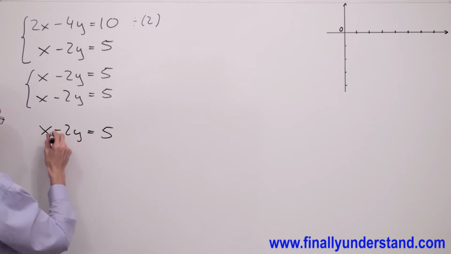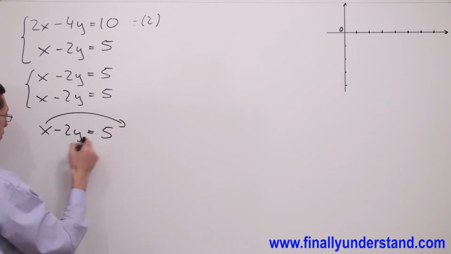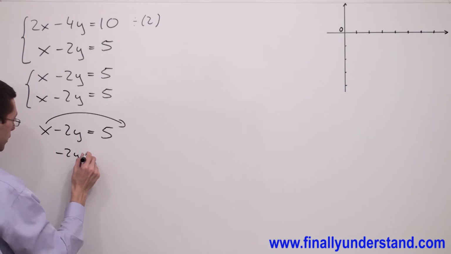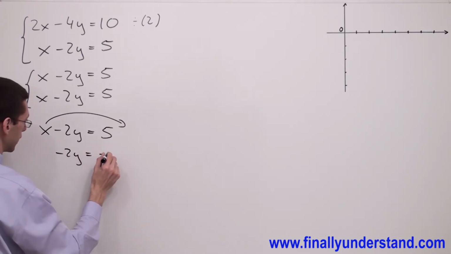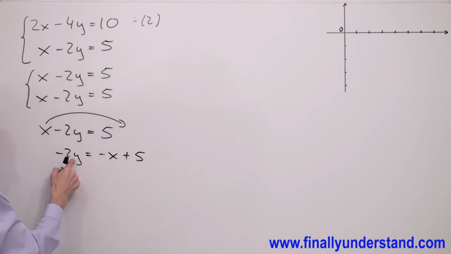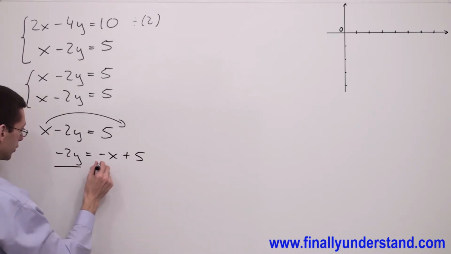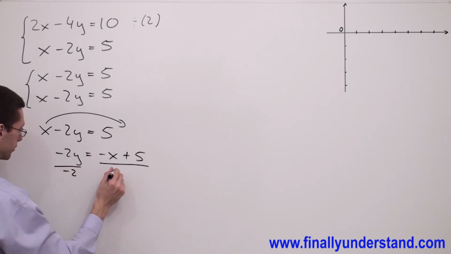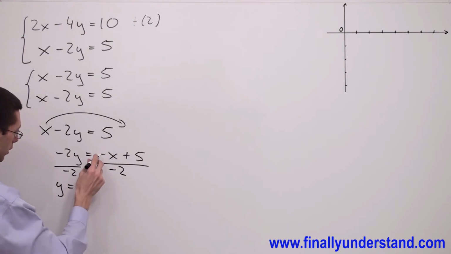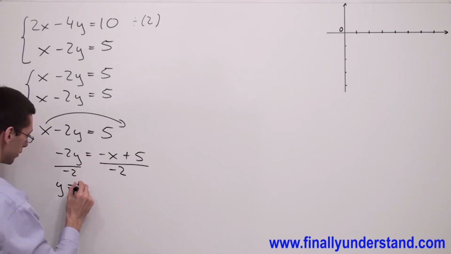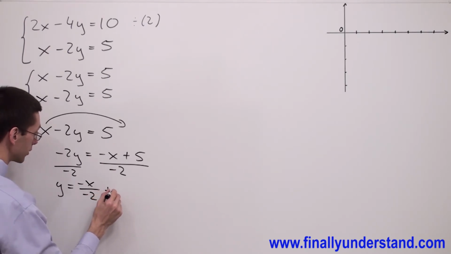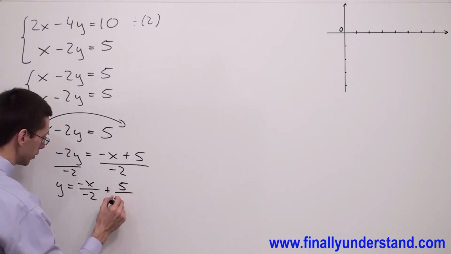So I'm going to move this x to the right side, and I'm going to have minus 2y equals negative x plus 5. In order to find y, I have to divide both sides of the equation by negative 2. And I'm going to have y is equal to negative x over negative 2 plus 5 over negative 2.